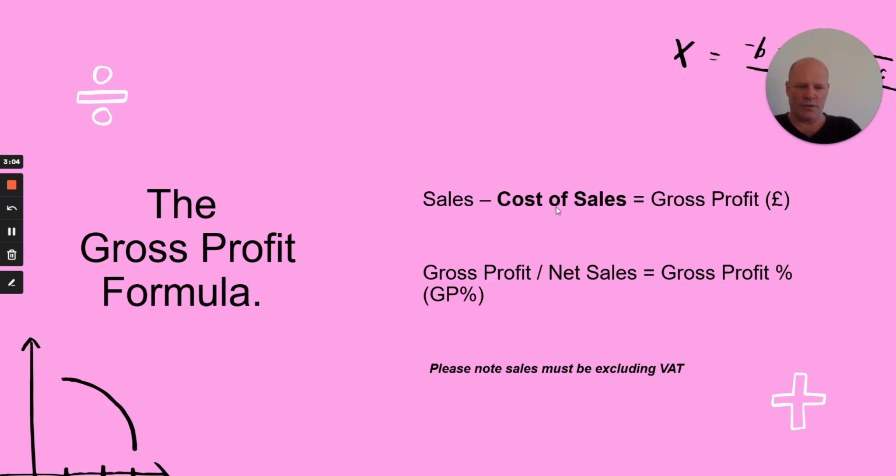Now, what this cost of sales figure has to do is match what you sold, and I'll explain that in a second. To give you the gross profit percentage for that month, it would be the gross profit divided by your net sales, that's without VAT, for the month, or GP percentage as it's abbreviated. Please note, sales must be excluding VAT to keep consistent.